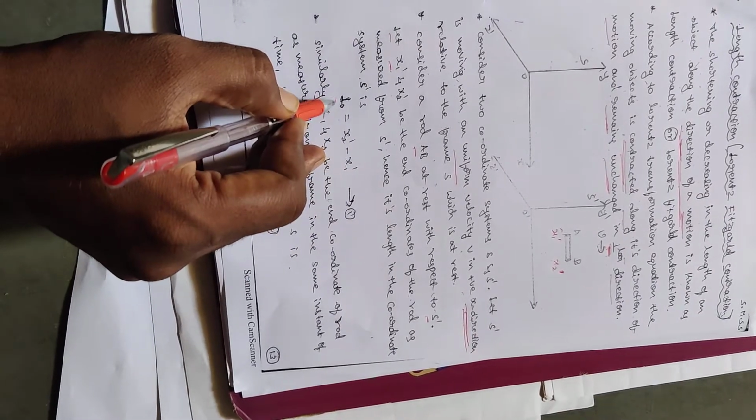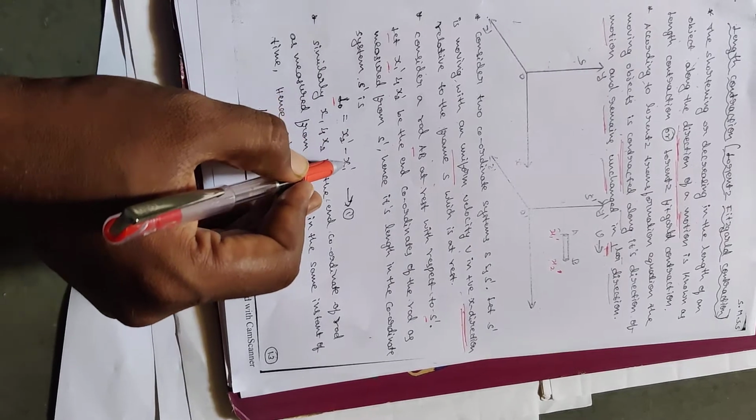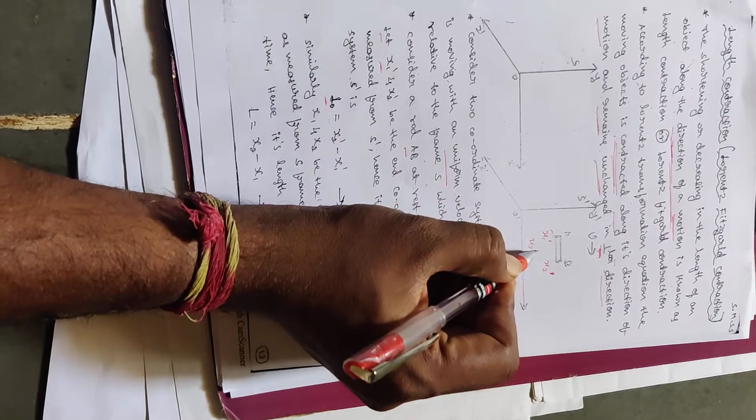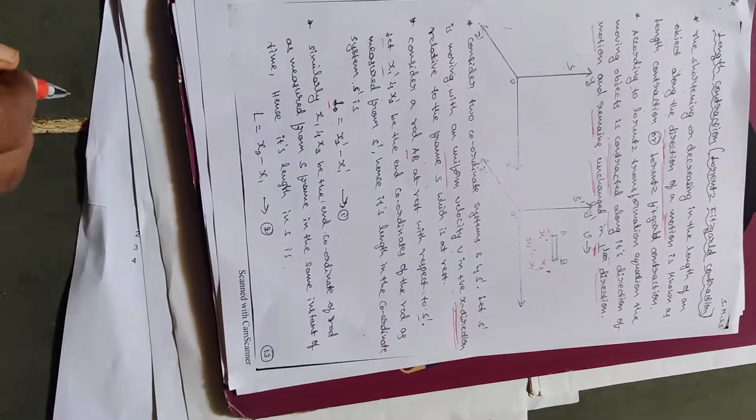Hence its length in the coordinate system S dash is L0 equal to x2 dash minus x1 dash.